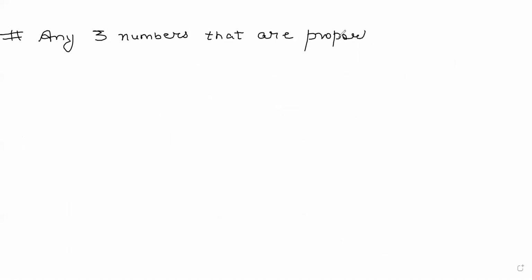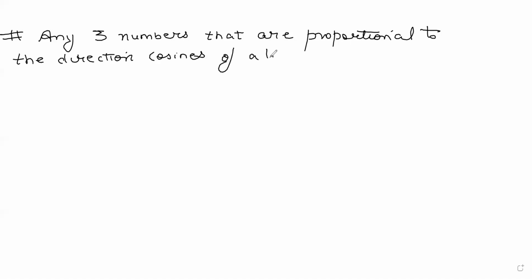Any three numbers that are proportional to the direction cosines of a line are called the direction ratios of the line.